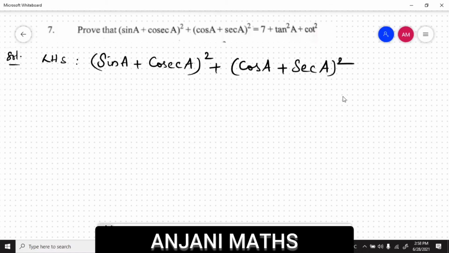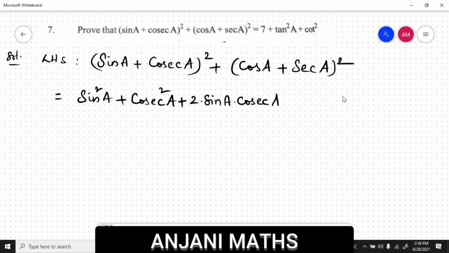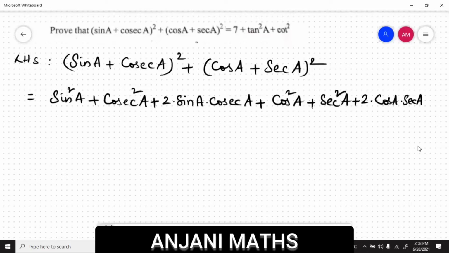Very simple problem. What is A plus B whole square? It's nothing but A square plus B square plus 2 into A into B. So this is equal to, I'm going to write sine square A and cos square A at one place.